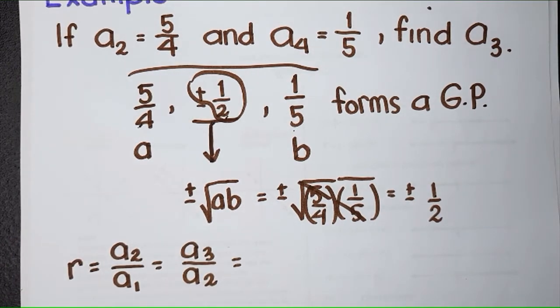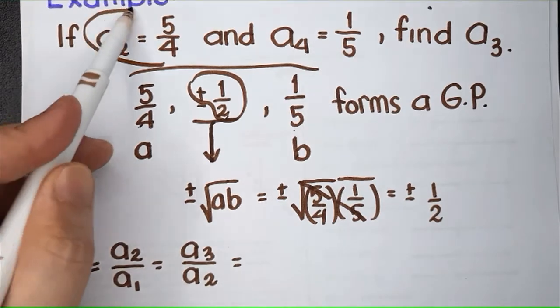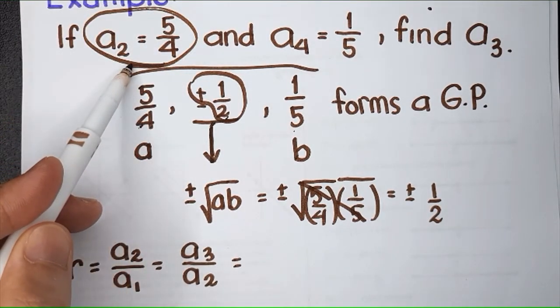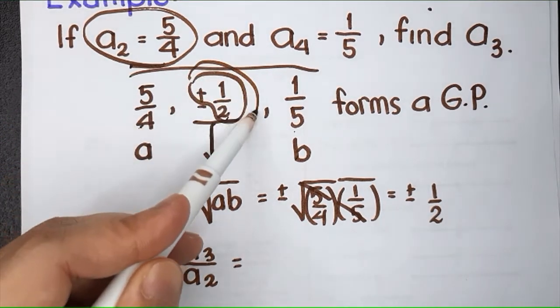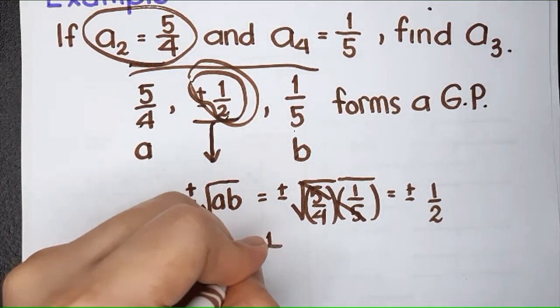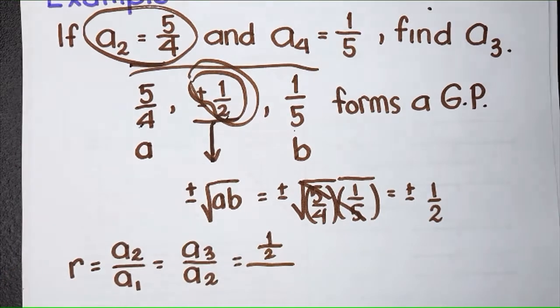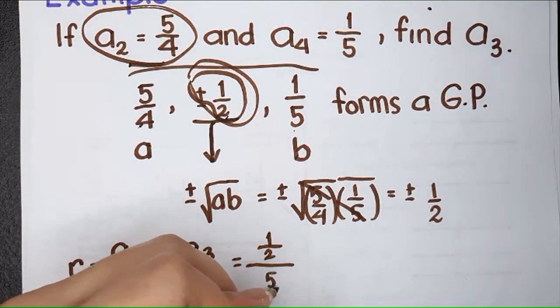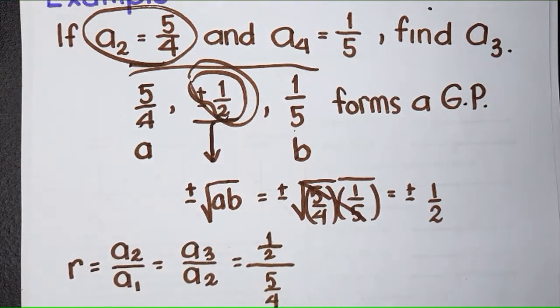Okay, so in this problem, your a sub 2 is 5/4. What is a sub 3? Ito yung a sub 3. Positive 1/2. So, you do like 1/2 divided by 5/4. Okay?